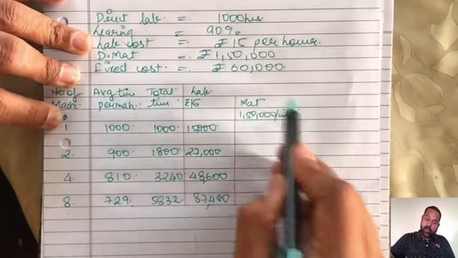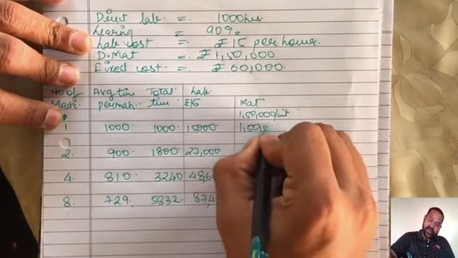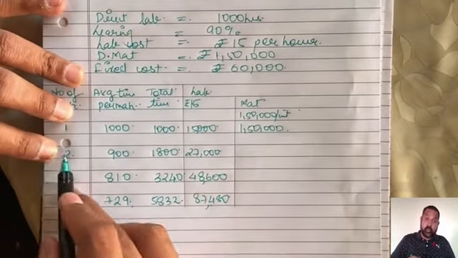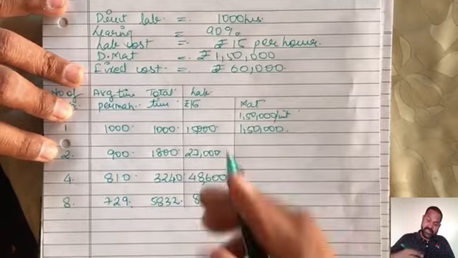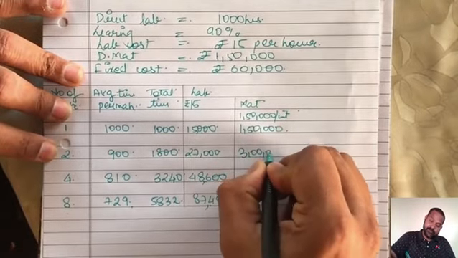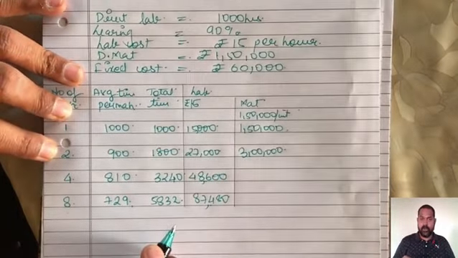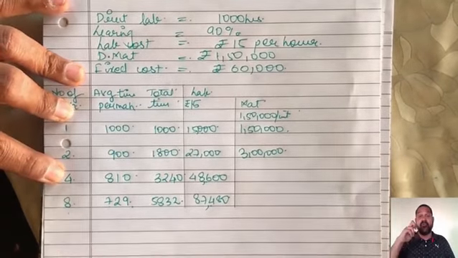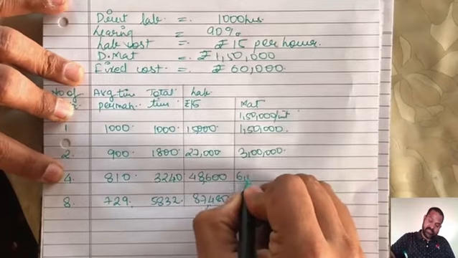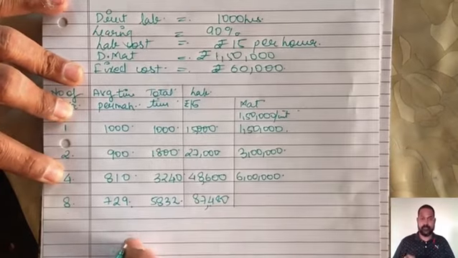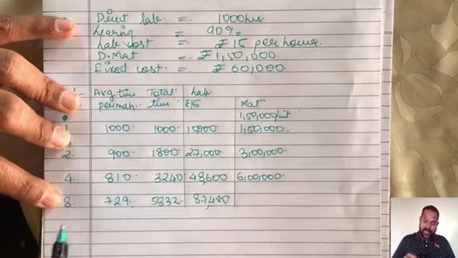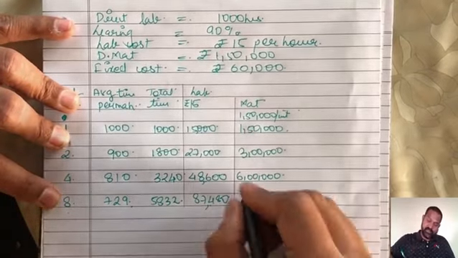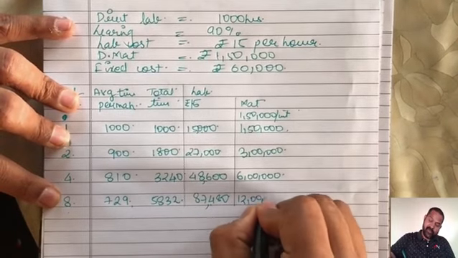1 unit is 1,50,000. So 2 units will require double the material, so 3 lakh. 4 units will require 4 times 1,50,000, which is 6 lakh. 8 units will require 8 times that, which is 12 lakh rupees.